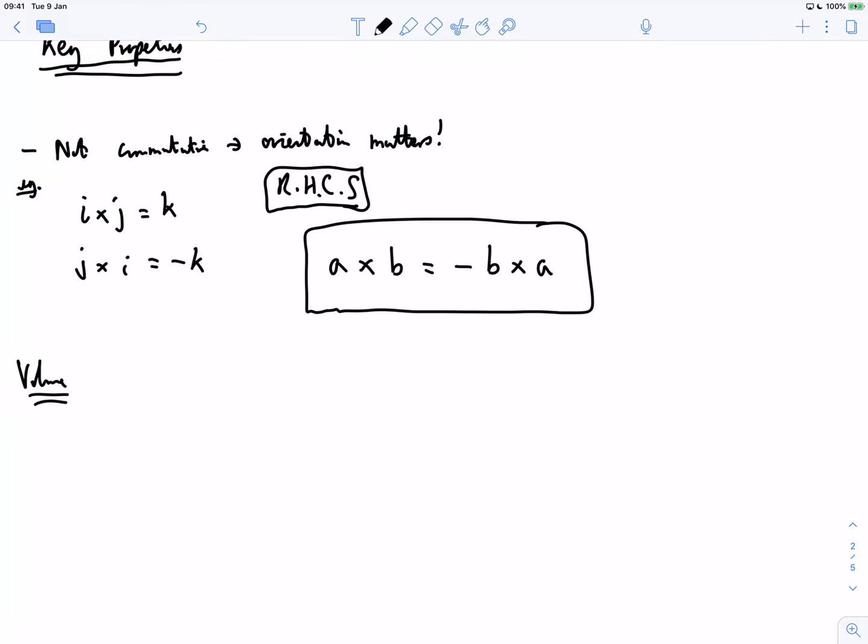Now, if I want the volume of a parallelepiped, it's the following.